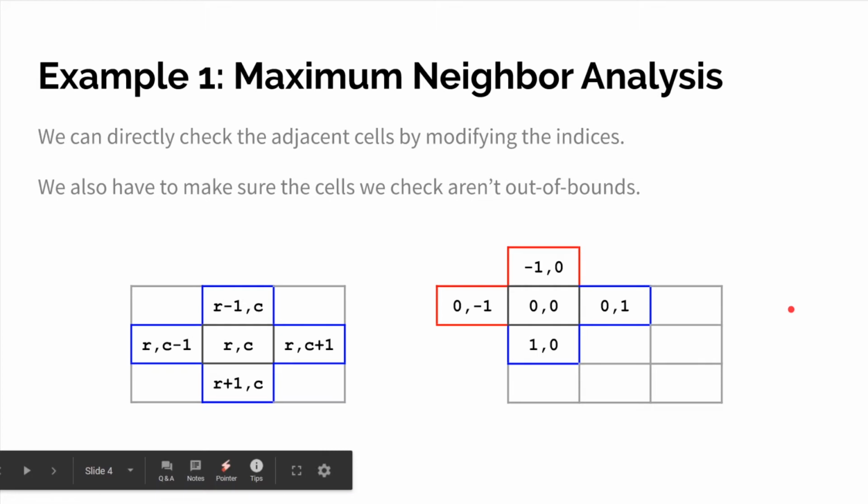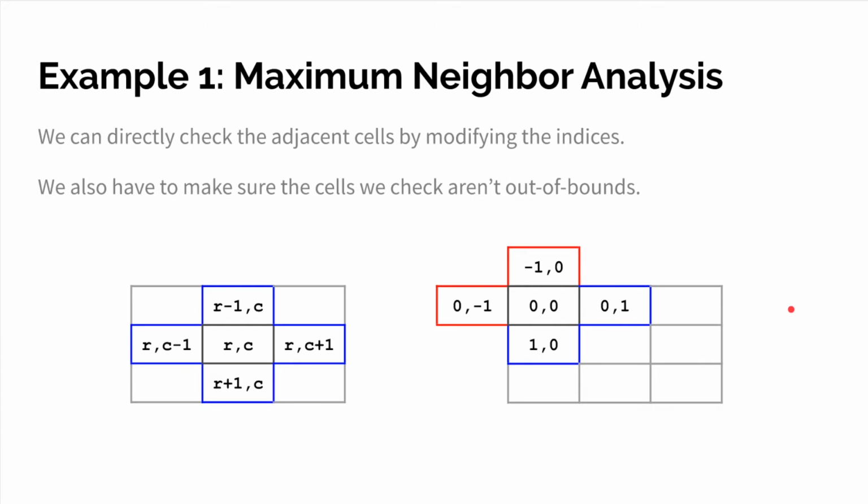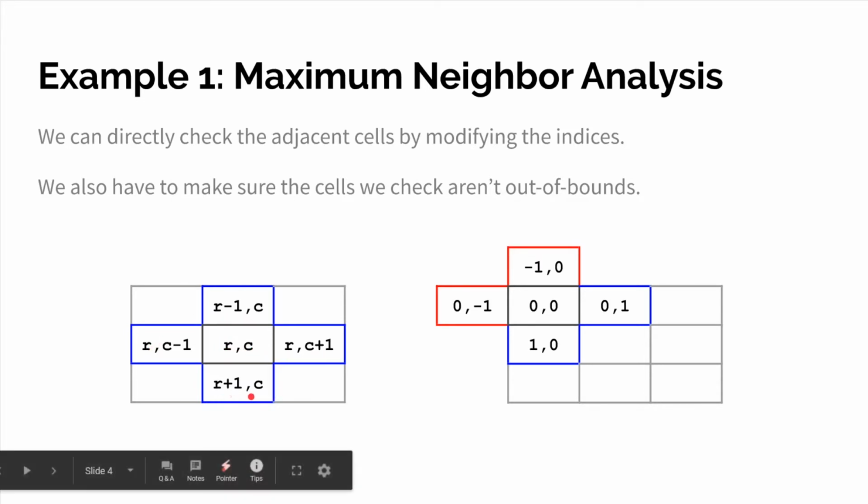And if we think about how to solve this problem, it shouldn't be too bad, right? We could just check the adjacent cells by modifying the indices. So if we were given the indices r, c for row, column, we could just check the array entries with indices [r-1][c], [r][c-1], [r][c+1], and [r+1][c].